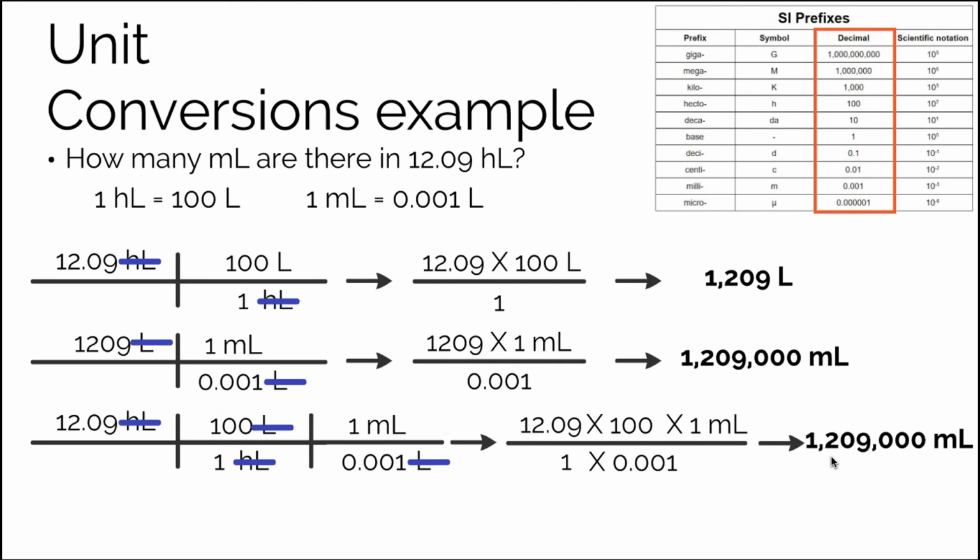The one thing to look out for that might mess up your answer is the order of operations, because as you saw in the calculator video, sometimes your multiplication and division might be paired incorrectly. So if you just put this in as it is to your calculator, what you'll get is 12.09 times 100 times 1 divided by 1, and then that whole result multiplied by 0.001.